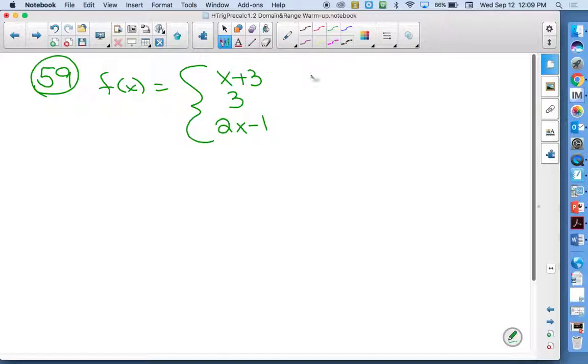The first one was x is less than or equal to 0. The second one was from 0 to 2. And then the last one was beyond 2.